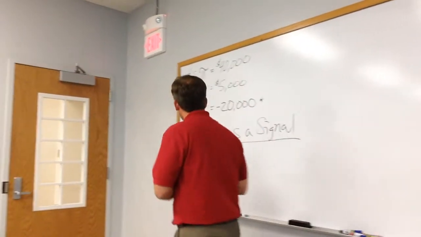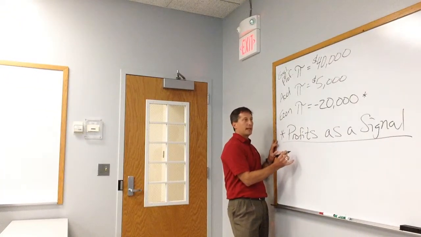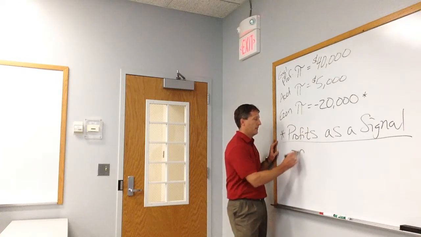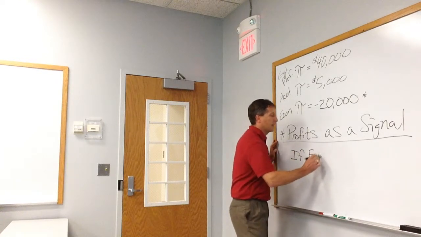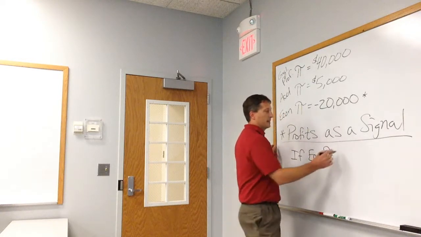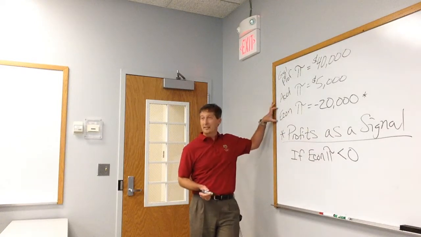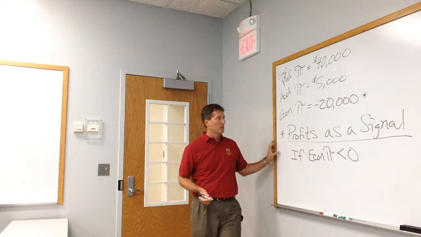So, when we look at economic profits that include opportunity cost, if economic profit is less than 0, in other words, it's a negative number here. We're going to use 0 as our marker.